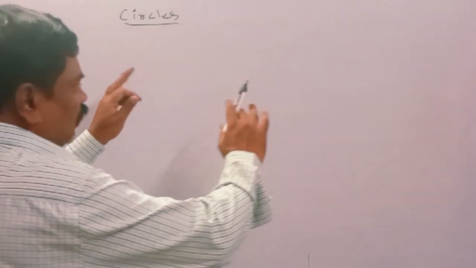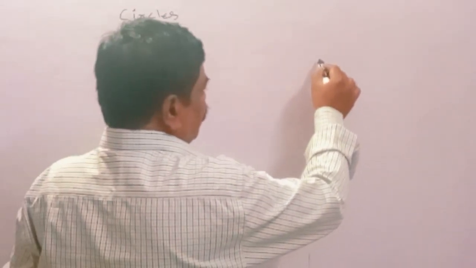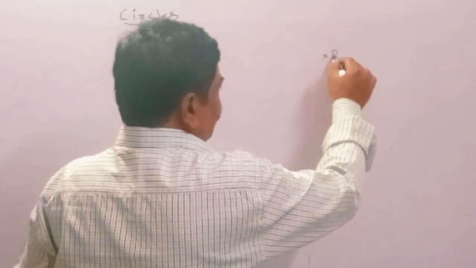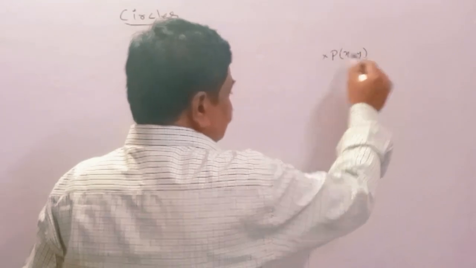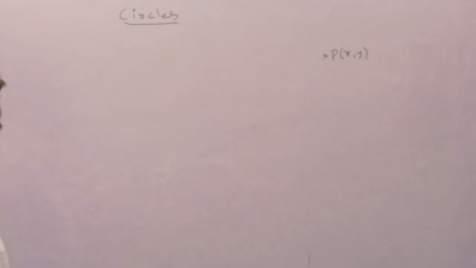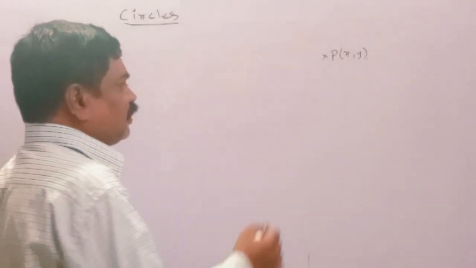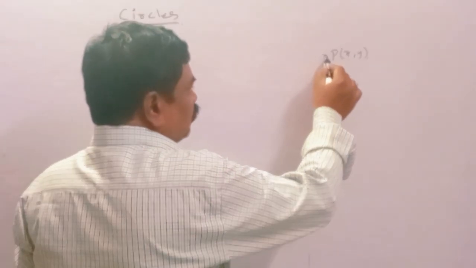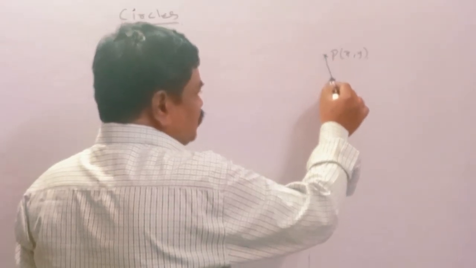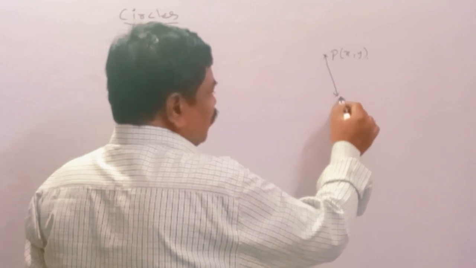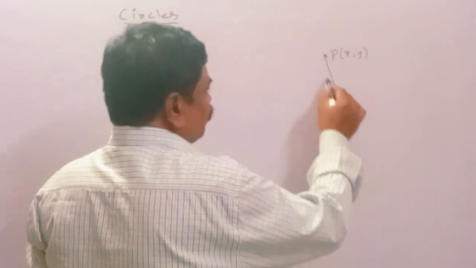Here, the definition of the circle: in a plane, a point P(x, y) moves with constant distance from a fixed point.